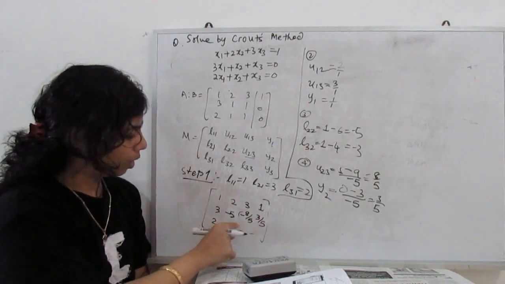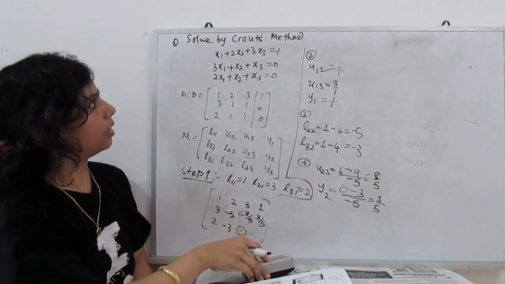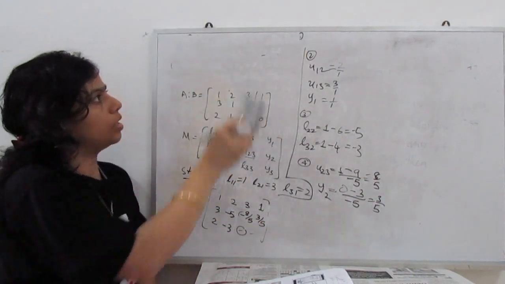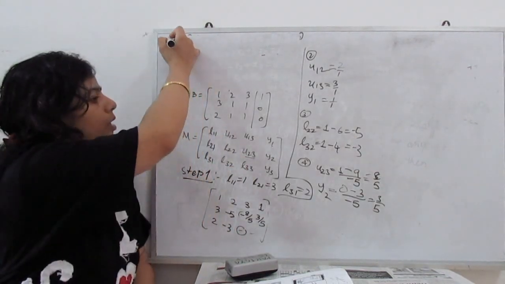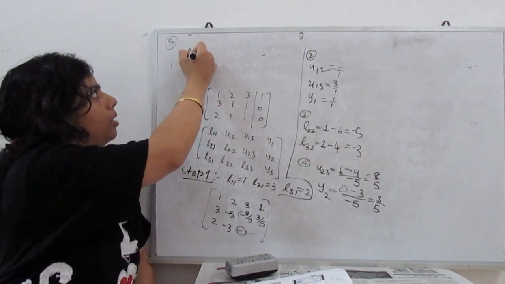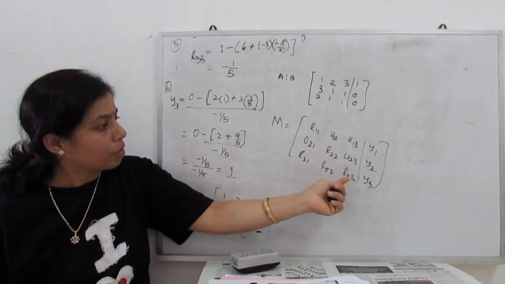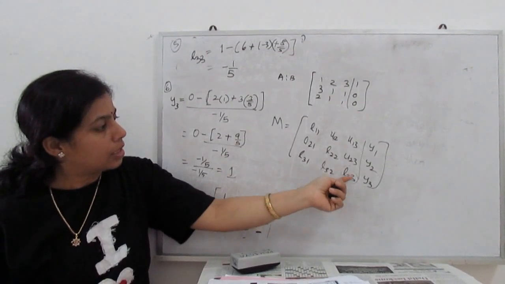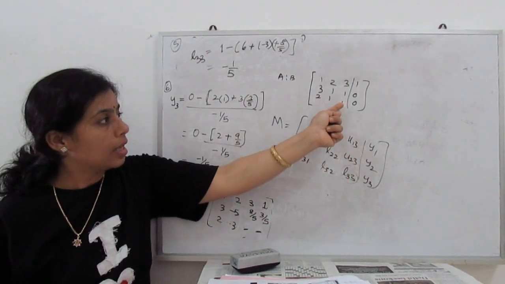Next step, we have to calculate this element, which is L33. For L33, we see the A33 element.